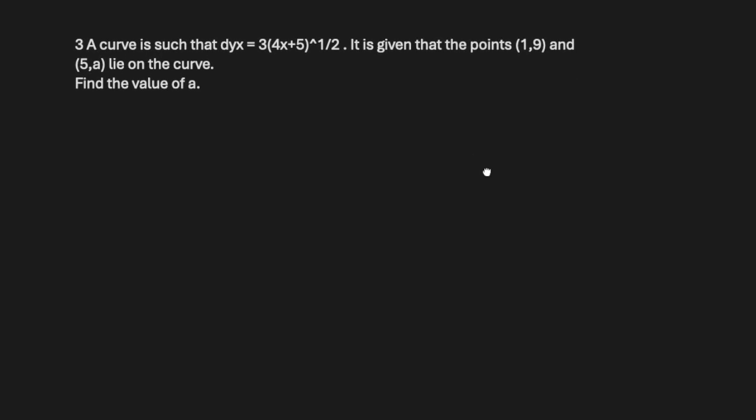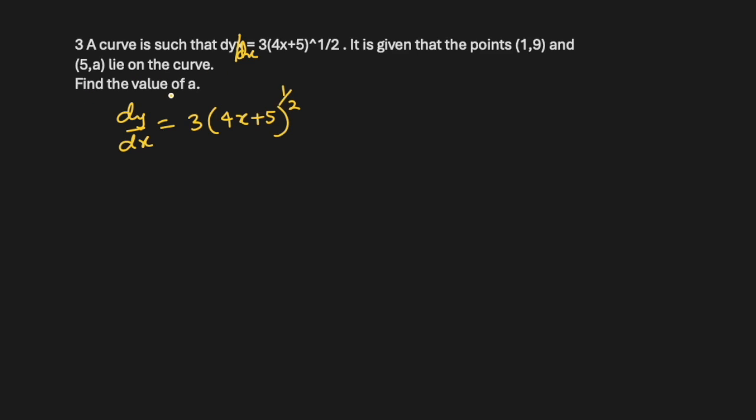A curve is such that dy over dx is this. It's not written properly, dy over dx is 3 (4x plus 5) to the power half. It is given that the points (1, 9) and (5, a) lie on the curve.